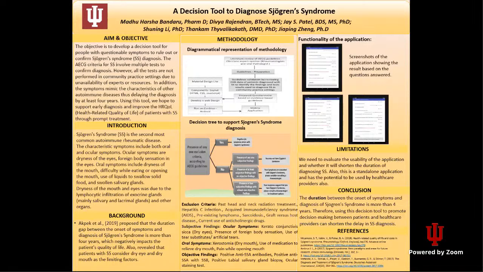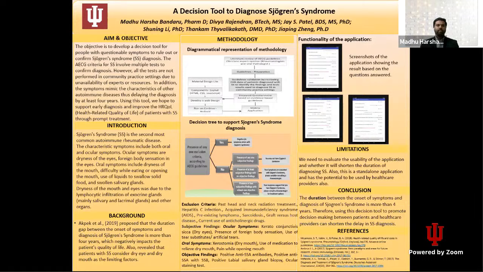My question was related to your decision tree to support Sjogren's syndrome. Could that decision tree easily be adapted to other syndromes, rare diseases? Yes. Initially, the exclusion criteria consist of the conditions which mimic the characteristics of Sjogren's.